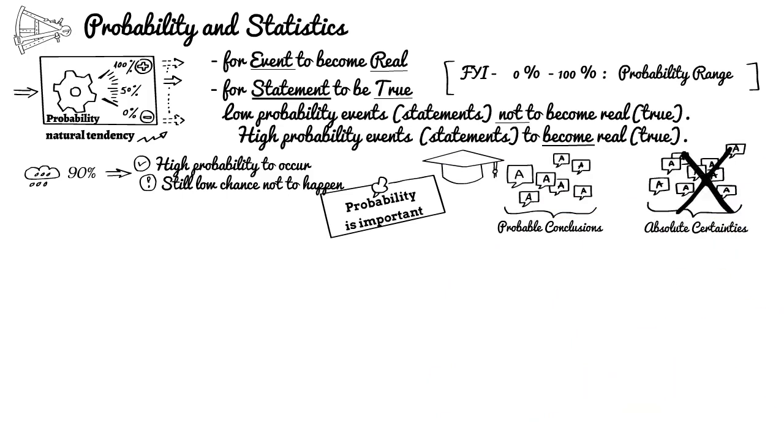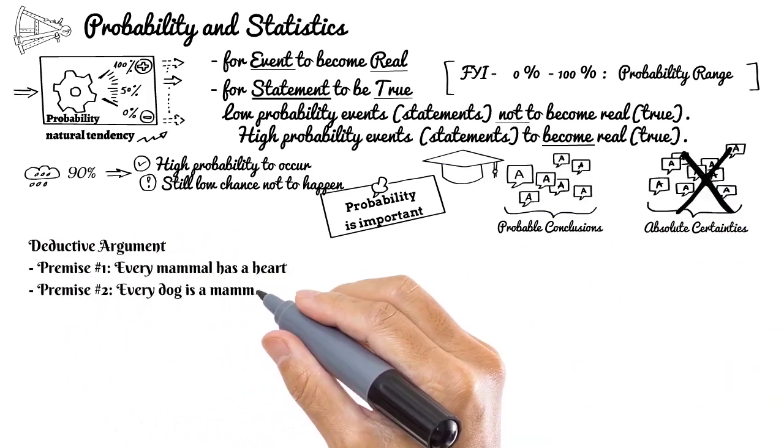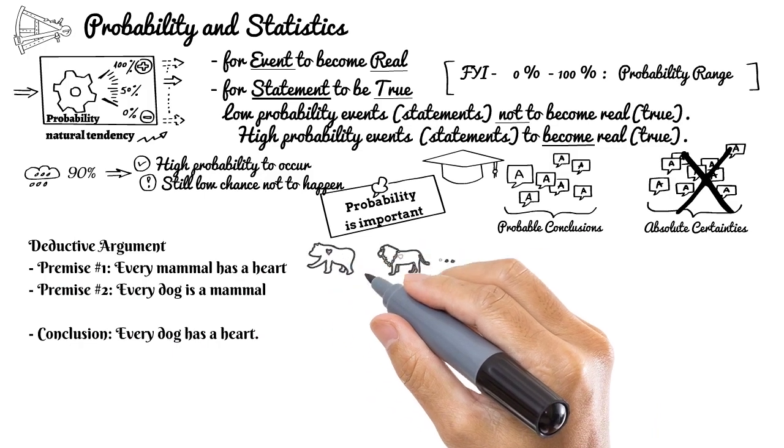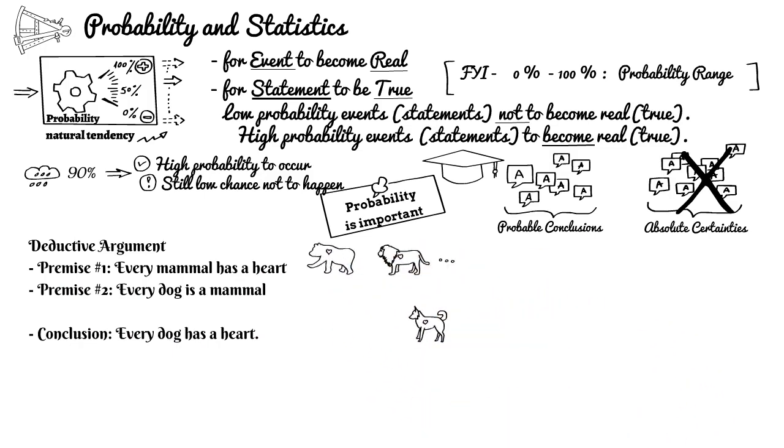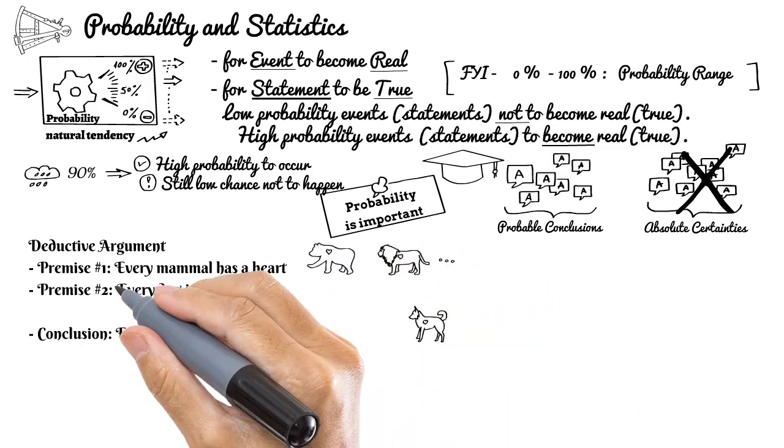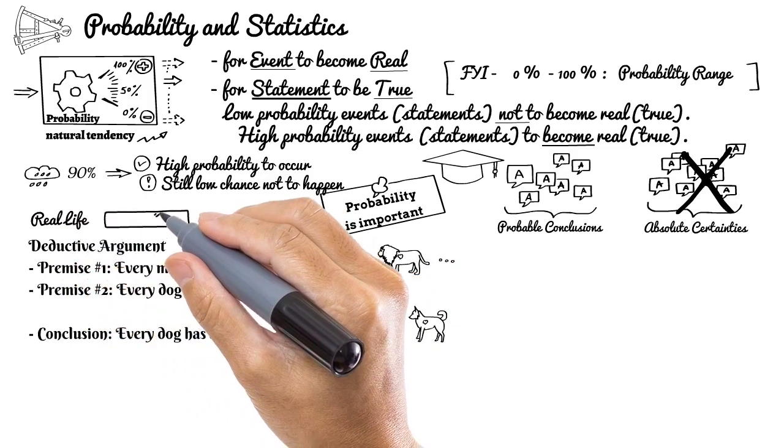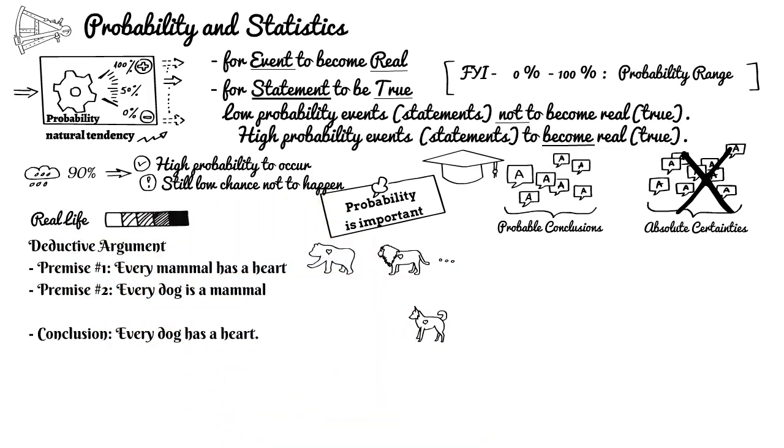So when constructing a deductive argument, for example, probability can play a significant role. We cannot be sure all the time about only a specific conclusion. In real life, it may not be completely black, it may not be completely white, but somehow gray to a certain degree.